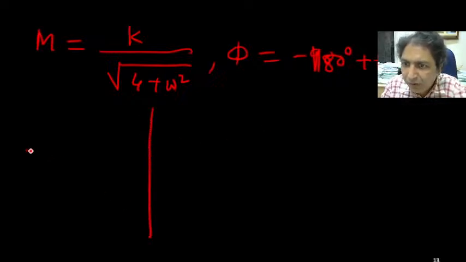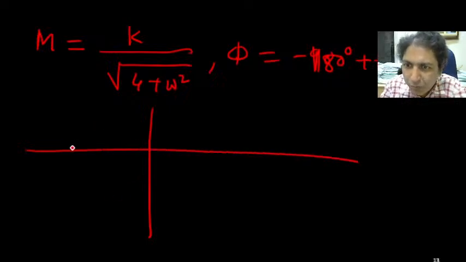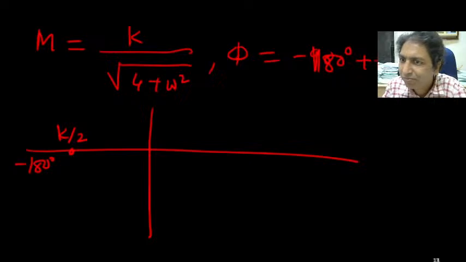So how will it start? At omega equal to 0, I have said that it is minus 180 degree. It starts from k by 2 and it will move to this side because this is minus 90 degree.